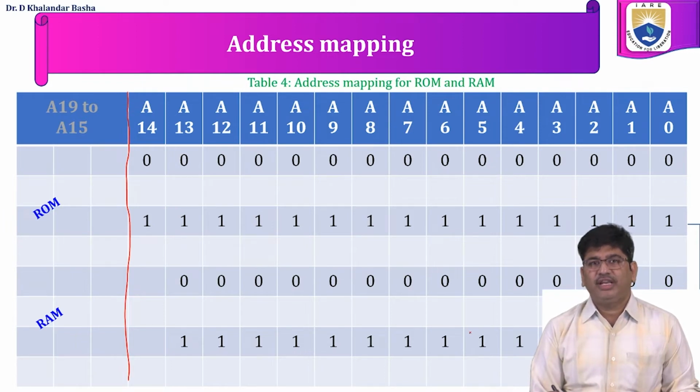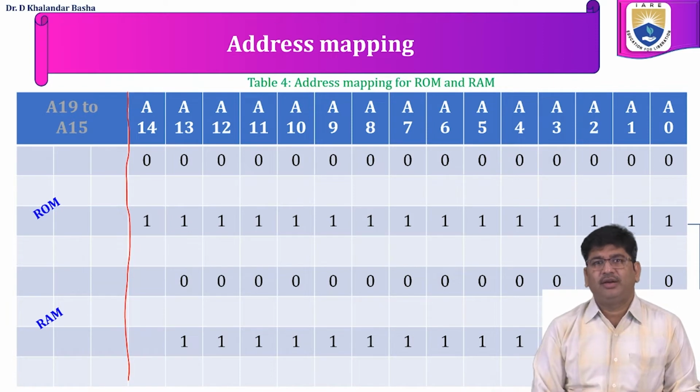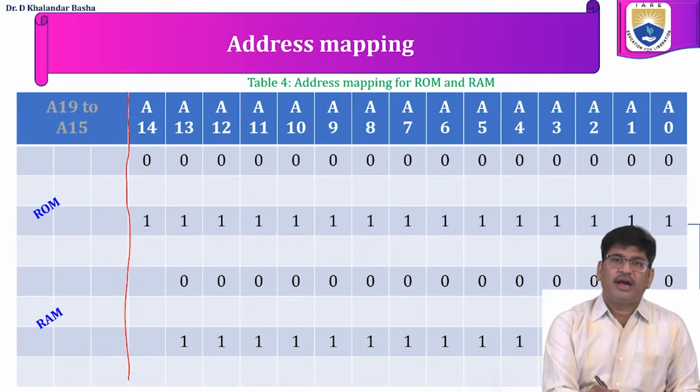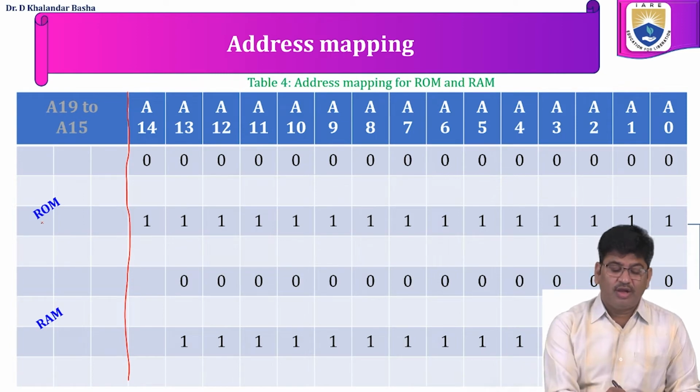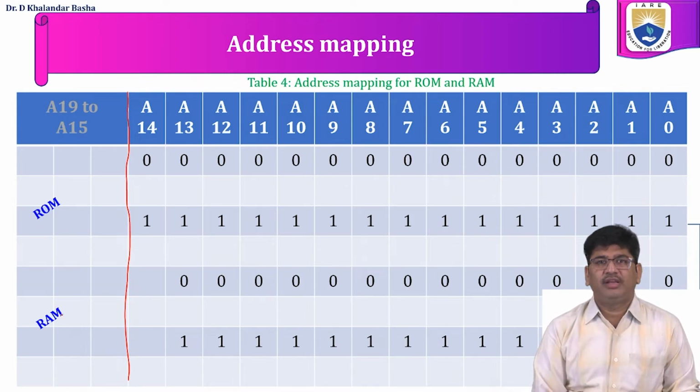So for differentiating whether it is a RAM address or a ROM address, beyond the maximum utilized space we select 1 or 2 bits, depending upon how many chips we have. In this case we have only one ROM section and one RAM section, so we require only 1 bit. Till A14 the address lines are required for generating the address, whether it is ROM or RAM, so within A0 to A14 we can't take any address bit for differentiating ROM and RAM.